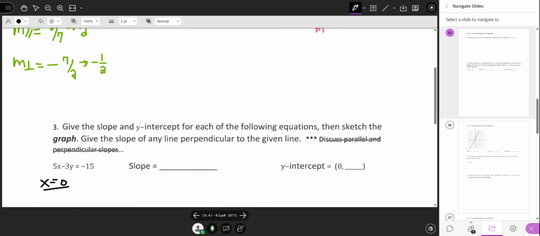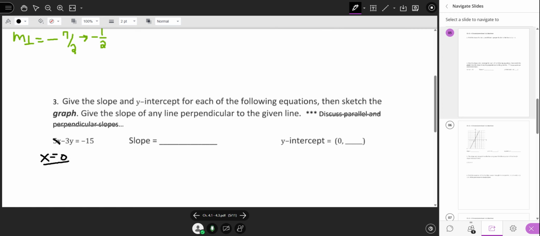So when x equals 0, 5 times nothing goes away, and that leaves me negative 3y equals negative 15.